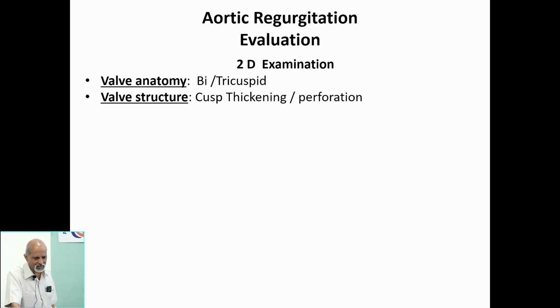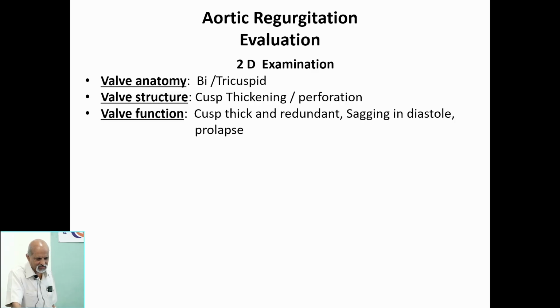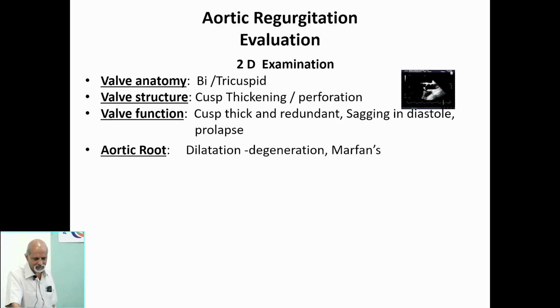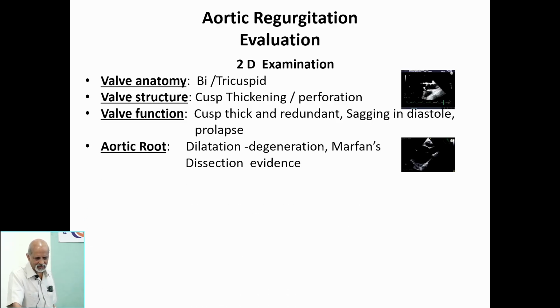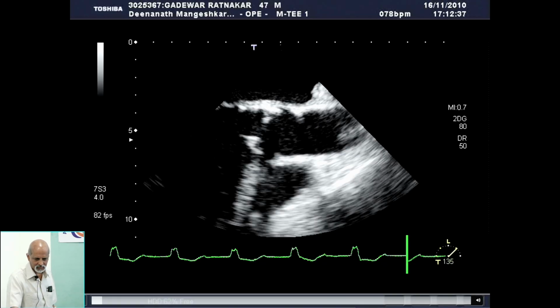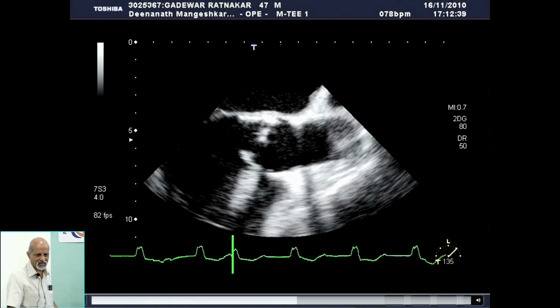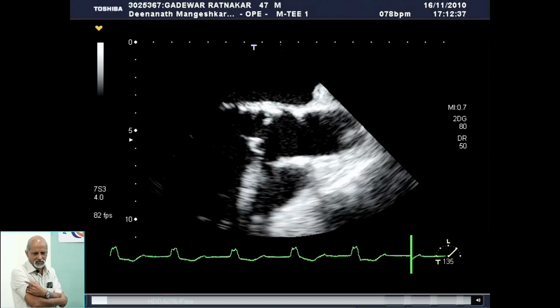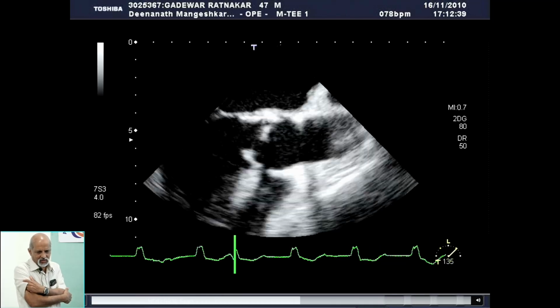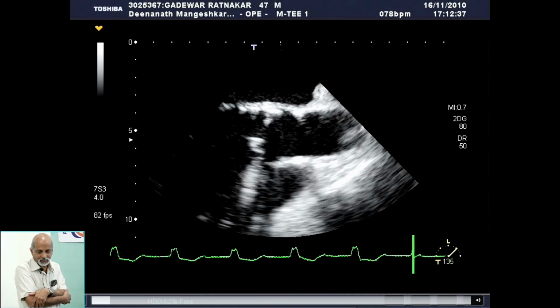So valve anatomy, then the valve structures, the valve function: the cusps are thick or redundant, sagging in diastole or prolapsing, and the aortic root dilatation, degeneration and malformations. Let's see if this is working. Yeah, so if you see that, in this case, which cusp is prolapsing?